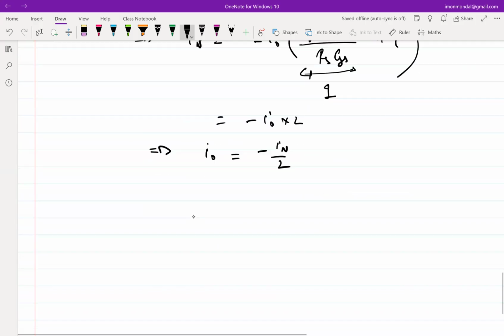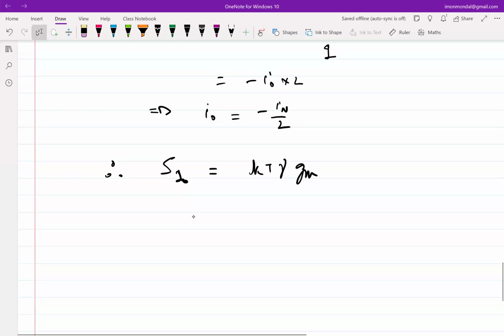Okay. So which essentially means that therefore your power spectral density of the output due to this SI naught is AT gamma GM. Correct? Okay. So now what is the noise figure?